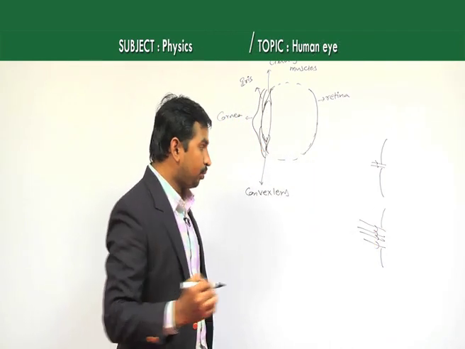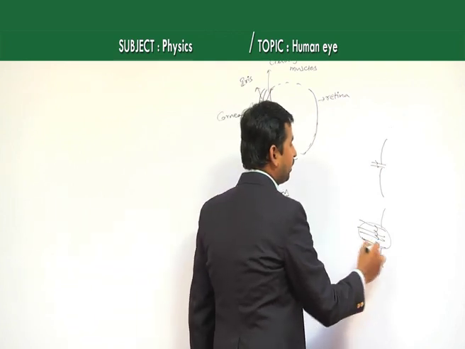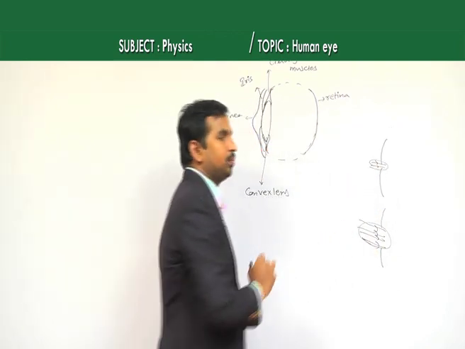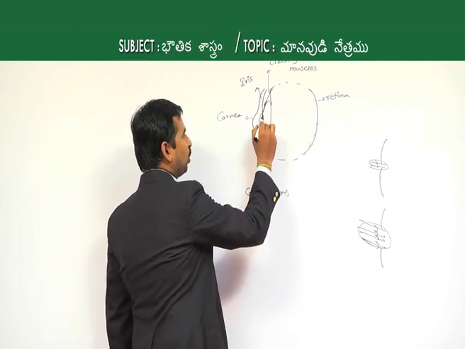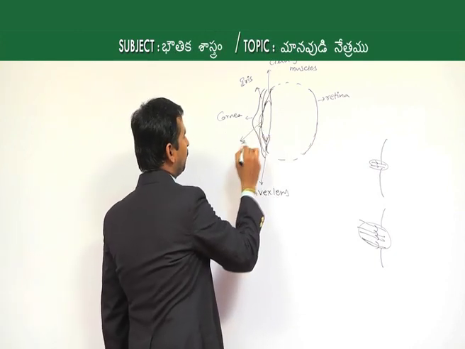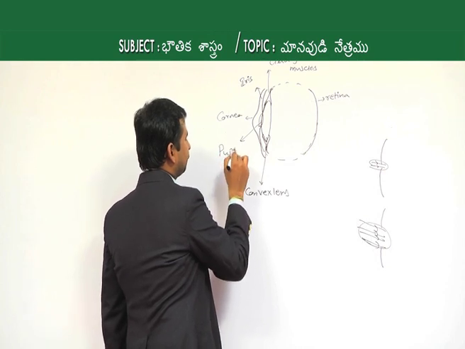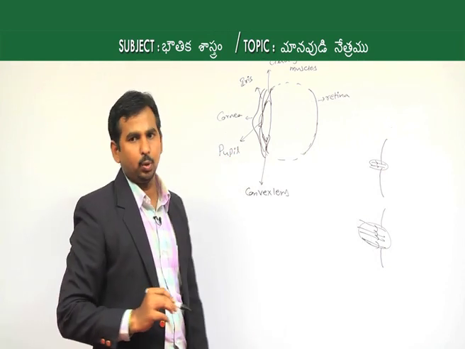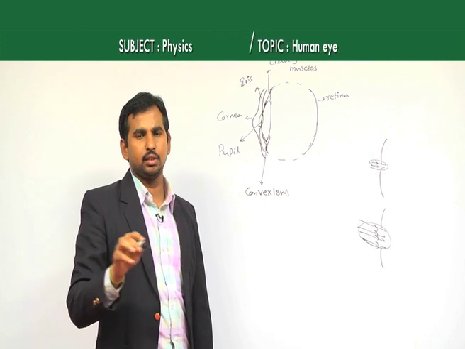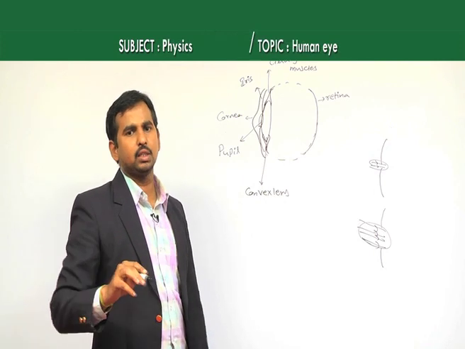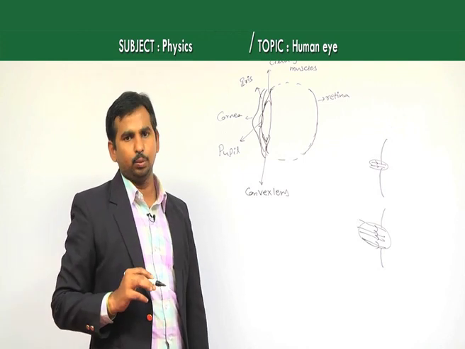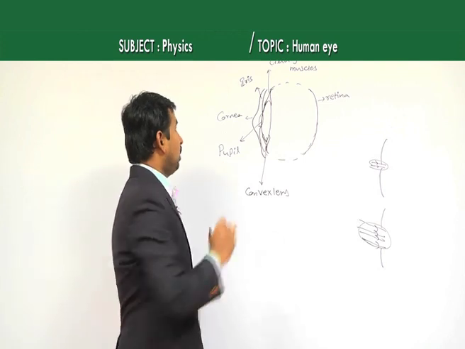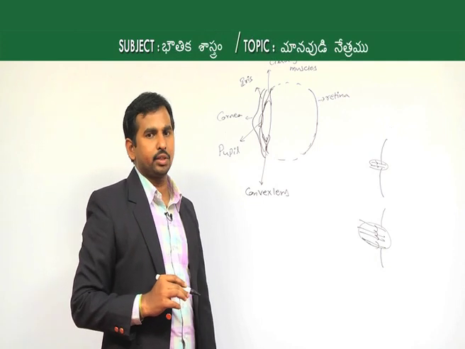Another important part is the passage where the light rays enter, which is a small hole. This part is called the pupil. So, the pupil is a passage, like a hole, for the light rays to enter onto the eye lens. The iris adjusts the size of the pupil.